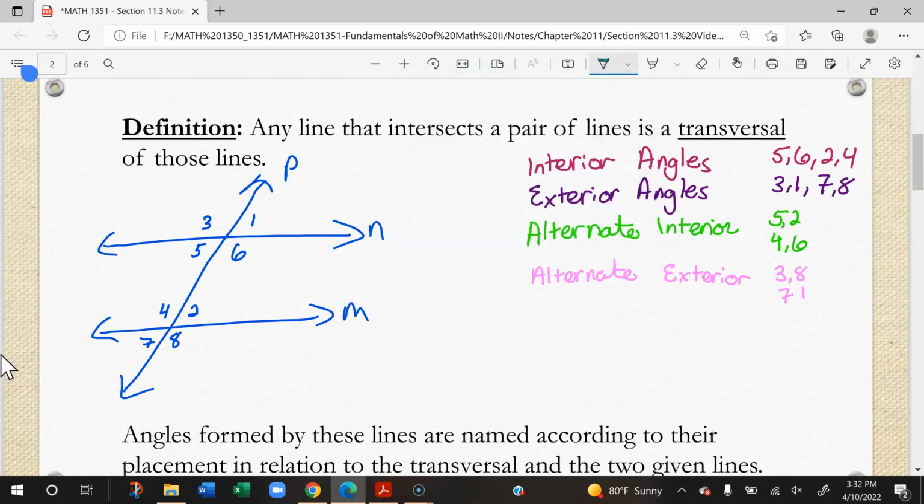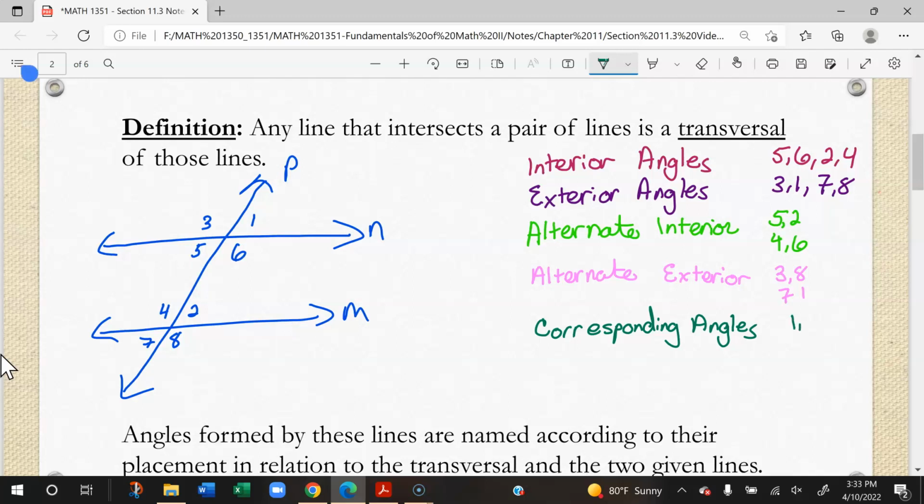Corresponding angles are those that are basically in the same place, if you look at where they are in relation to the two lines that were cut by the transversal. So notice where 1 is on line N. On line M, it's in the upper right corner. On line M, 2 is in the upper right corner.